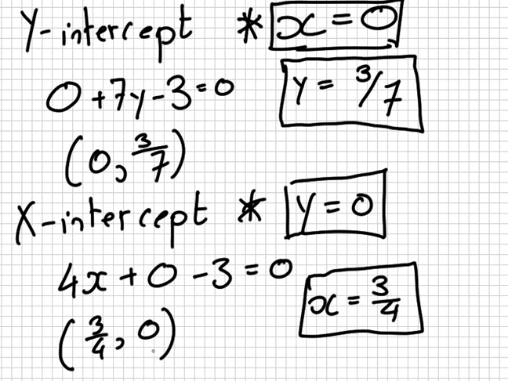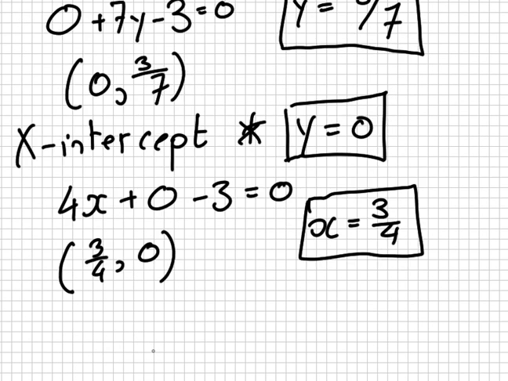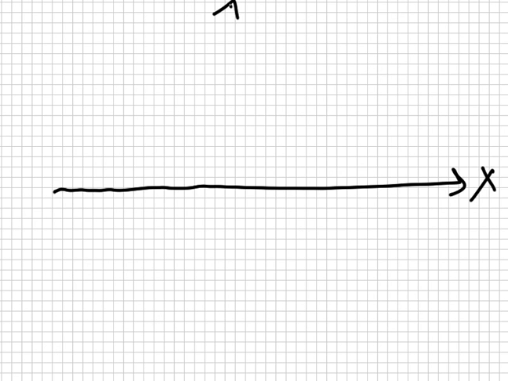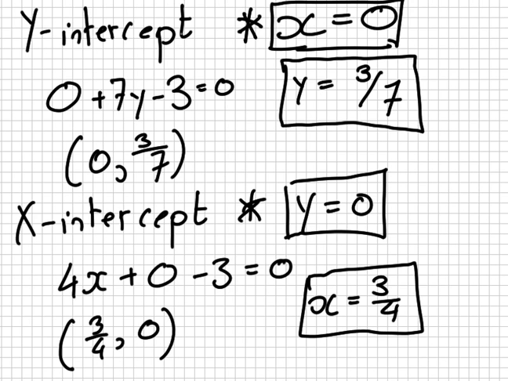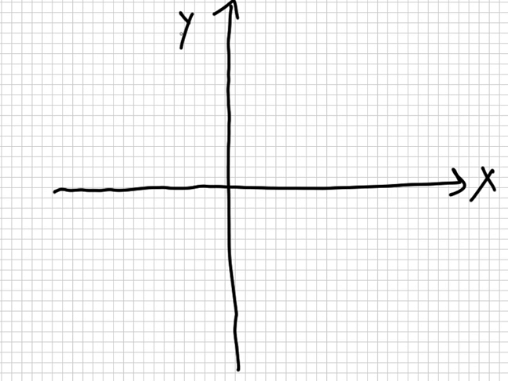Okay, so now let's draw. Now you'll notice that the numbers are all less than 1. The first one was 3 over 7 and then 3 over 4, so I only actually need to go to 1.